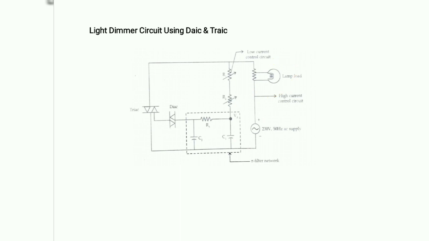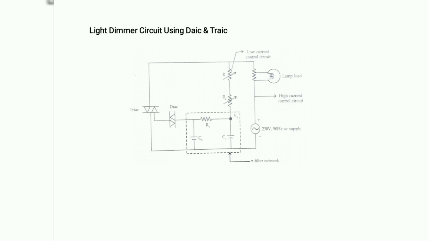As the resistance R2 is increased, the time required to charge capacitor C1 to the breakover voltage of the diac increases. This causes the triac to trigger late in each half cycle. In the negative half cycle, the capacitor C1 charges to the opposite polarity, that is minus VA.